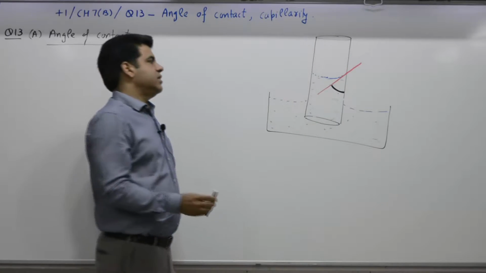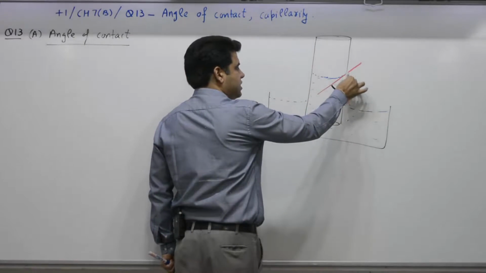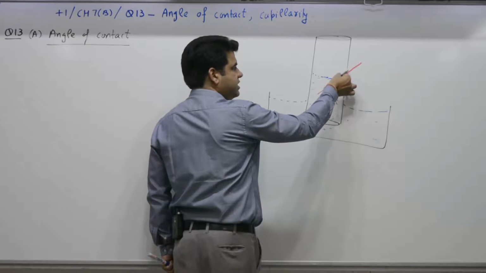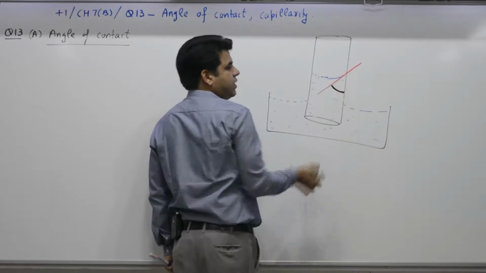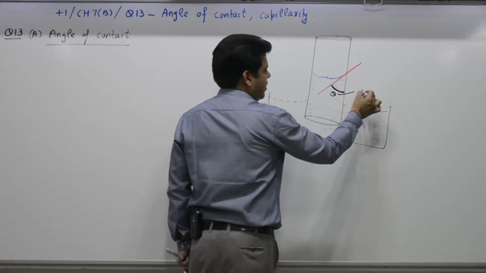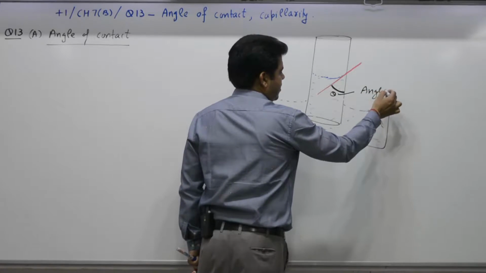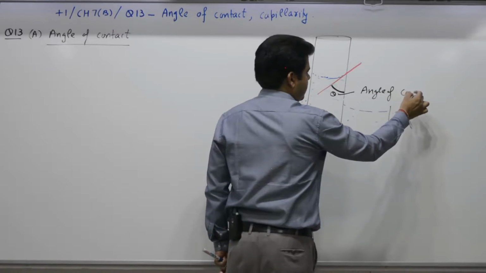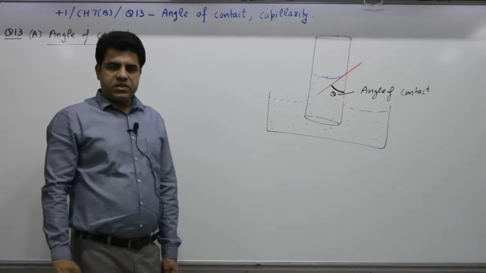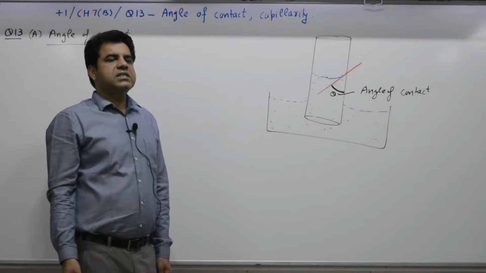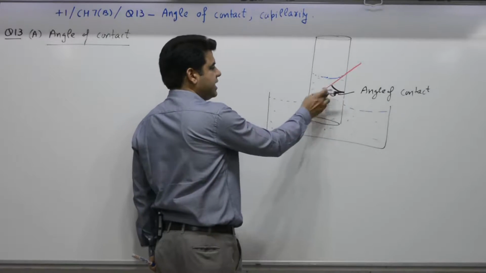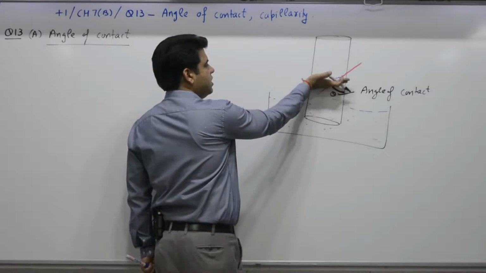Angle between the glass surface and the tangent inside the liquid is known as angle of contact. For certain liquids, this theta is less than 90. For the liquid where theta is less than 90, this liquid will move upwards.